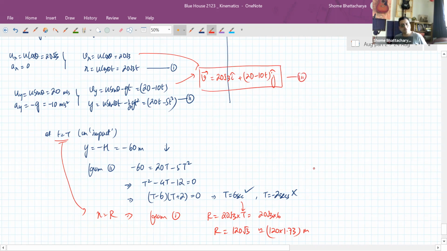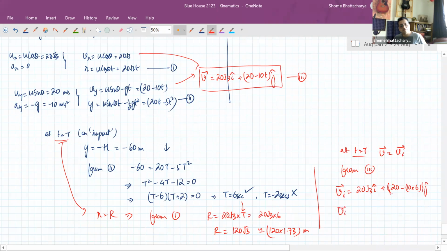So from equation 3, the impact velocity will become 20 root 3 i cap plus 20 minus 10 into 6 j cap.